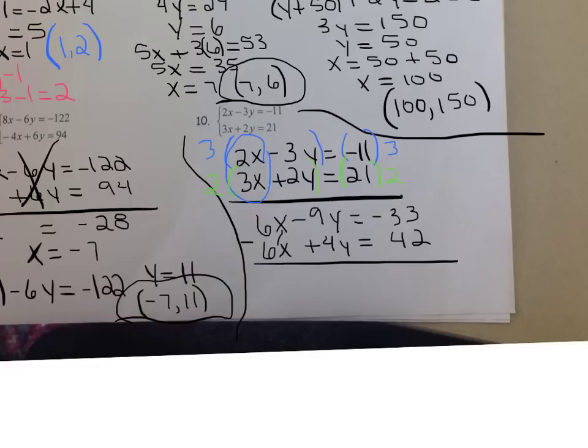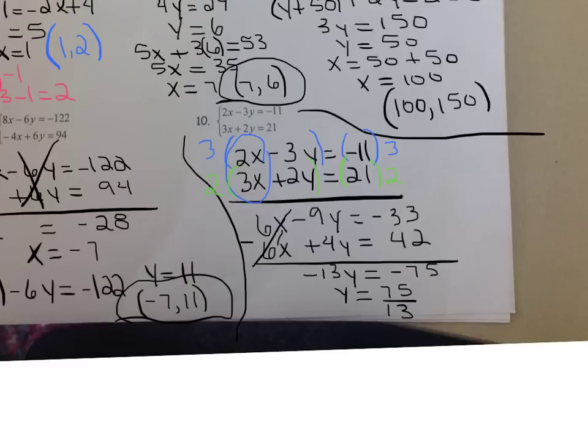I need to subtract them. So these cancel. Now watch your signs when you're doing the rest. Negative 9y minus a positive 4y is negative 13y equals negative 33 minus a positive 42 is a negative 75. You get y equals 75 over 13.